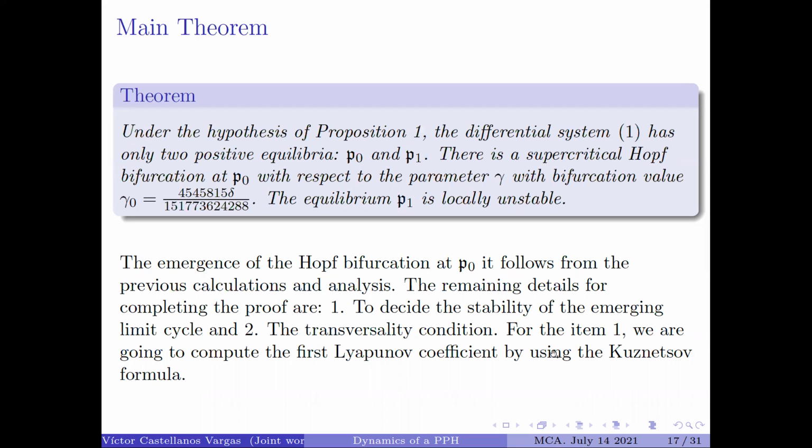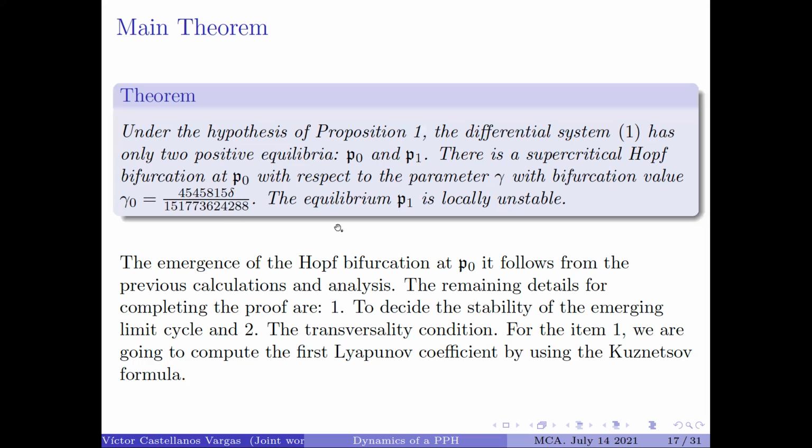The theorem is the next. Under the hypothesis of proposition 1, the differential system has only two positive equilibria that are P0 and P1. There is a supercritical Hopf bifurcation at P0 with respect to the parameter gamma with bifurcation value gamma 0, that takes this value.